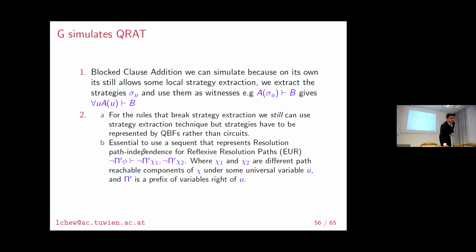The essential thing that we have to prove in order to do that is to show that these local parts of the CNF actually respect how the QBF works. Here we're saying that if our formula is false, then there is falsity either entirely in one local part or in the remaining part, where these are different path reachable components.